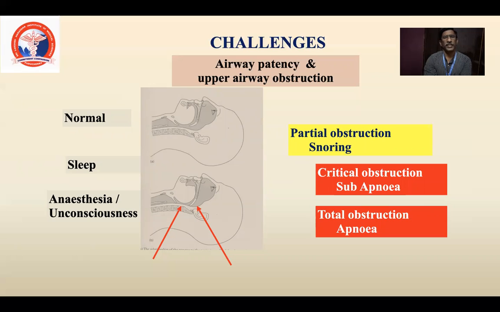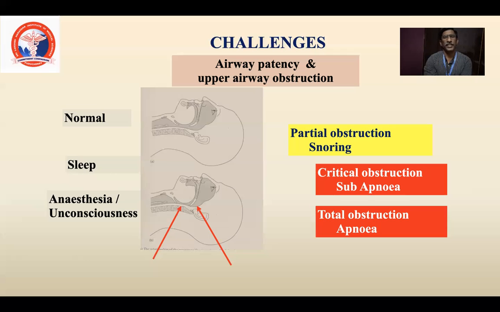But normally a sleeping patient will wake up from sleep, adjust by himself and correct it. This partial state of obstruction, we call snoring. So the sleeping patient will have snoring, and now and then the subject will wake up and get away from the snoring and again go to sleep, and this cycle goes on repeating.